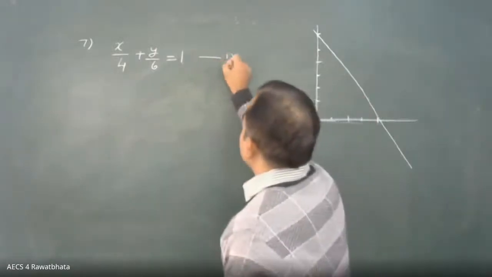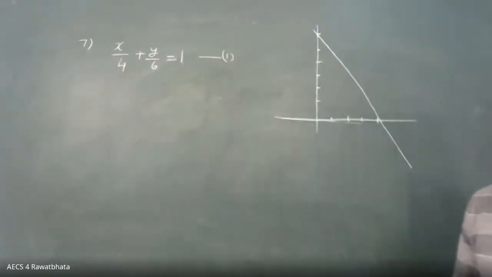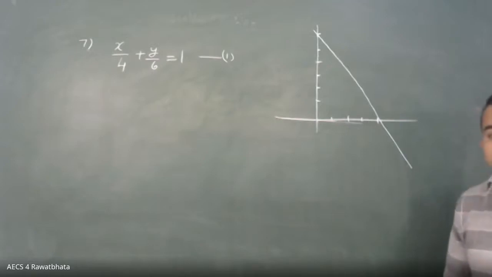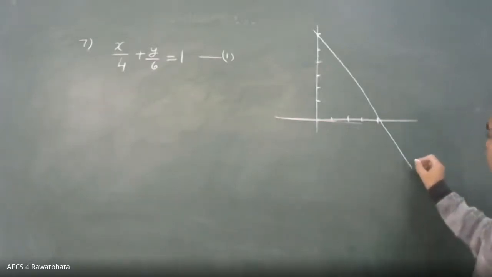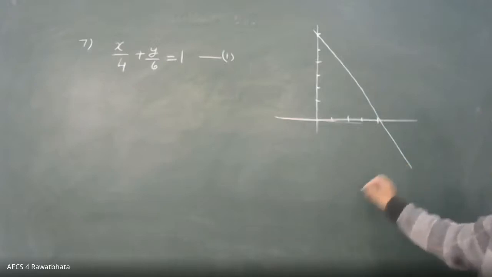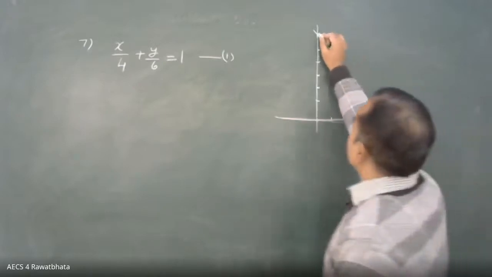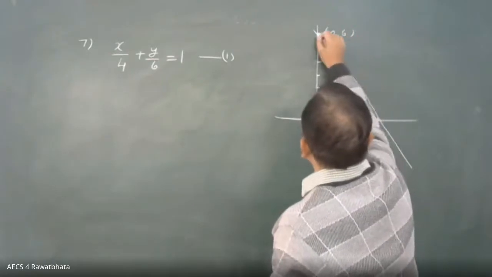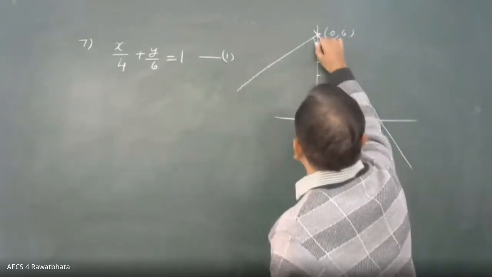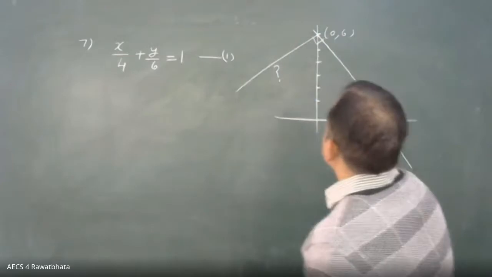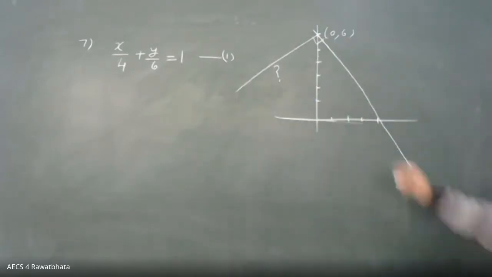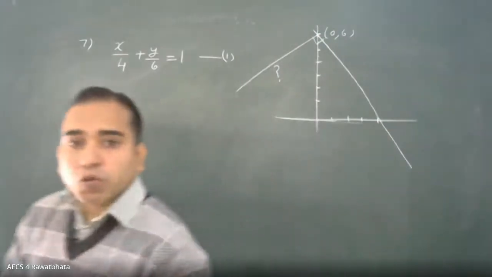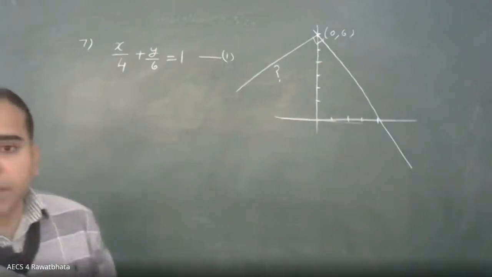Then we have to find the equation of one more line, which is perpendicular to this at the point where it meets the y-axis. So this meets the y-axis at what point? 0 comma 6. We have to determine this line's equation, and it makes 90 degrees.